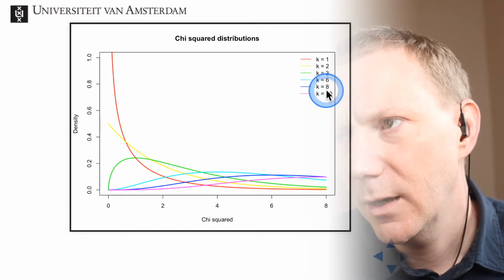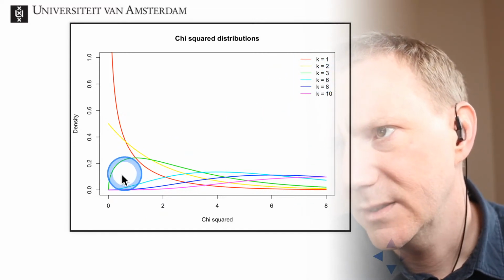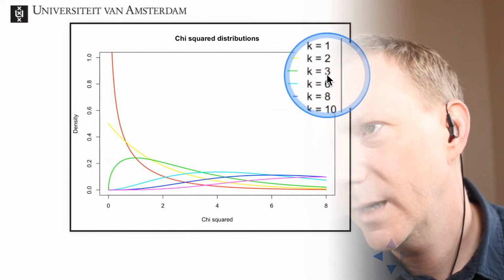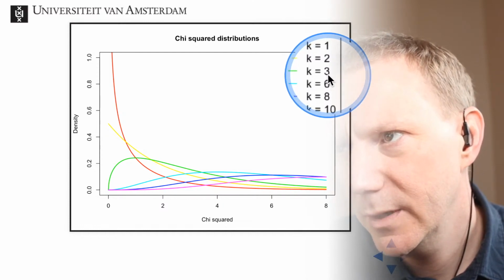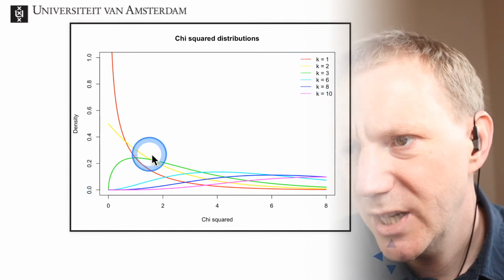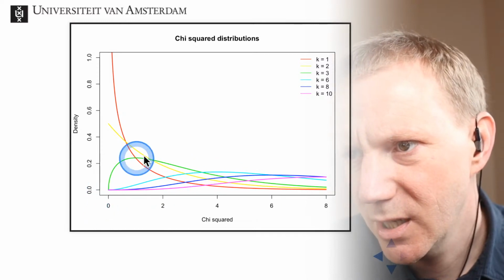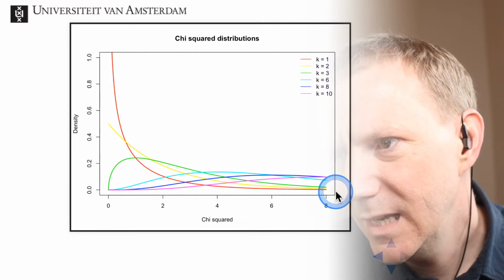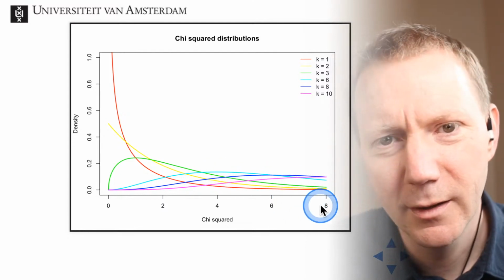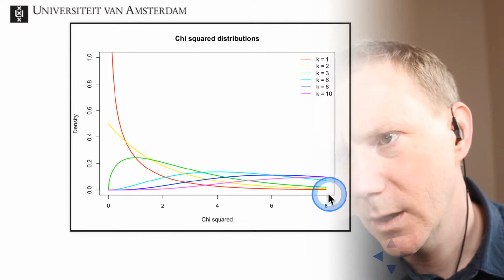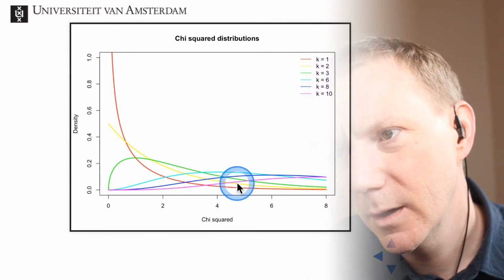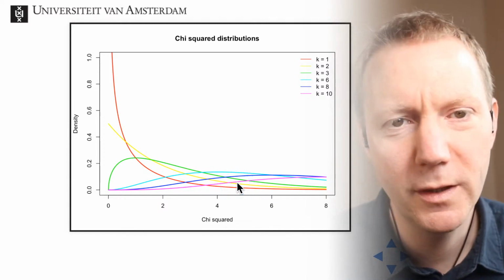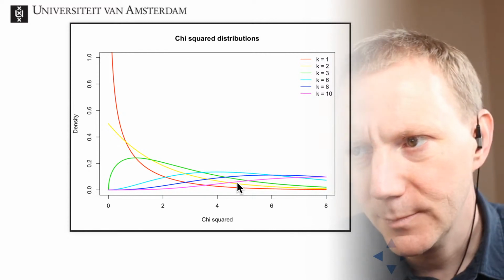So that also means that, for example, look at this green one, where we have 3 degrees of freedom. The shape of such a distribution is a lot different. It really means that even high values of chi-square happen very frequently within these specific degrees of freedom values.